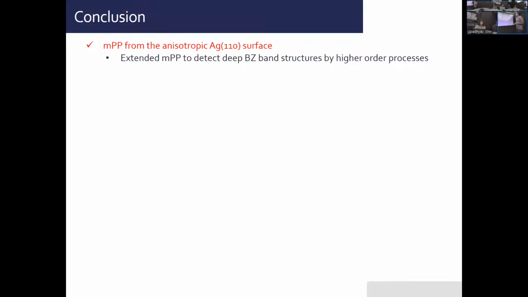So as a conclusion, in the first part, I described the multiphoton photoemission from the anisotropic silver 110 surface. We first extended the MPP area of interest from the gamma point deep into the Brillouin zone, and then we presented a comprehensive study of the silver 110 spectroscopy.